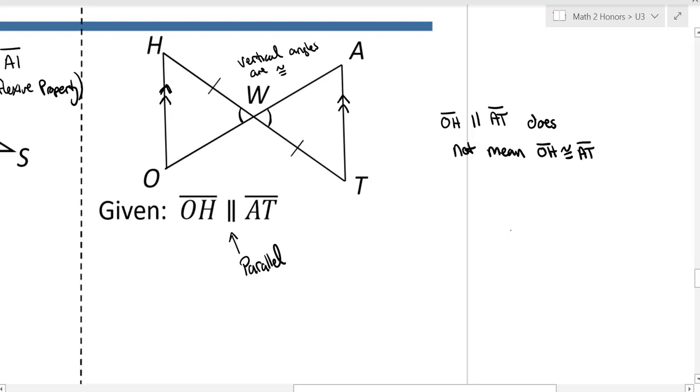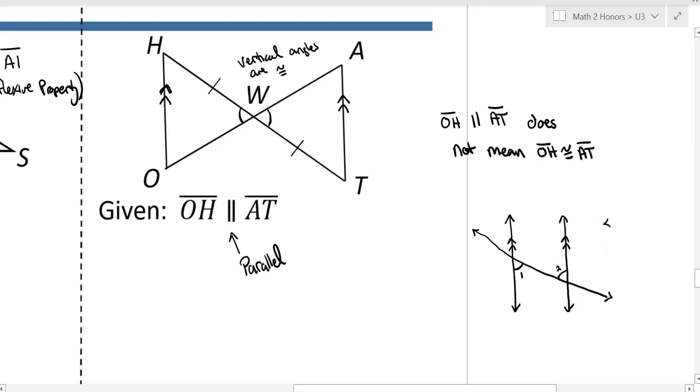And I need to remind you of something. So if you have two parallel lines, okay, so I'm going to mark them. So these two are parallel, cut by a transversal. Then they form angles, and certain angles are congruent. And one that we're going to use here are these two angles. So we'll call it angle 1 and angle 2.